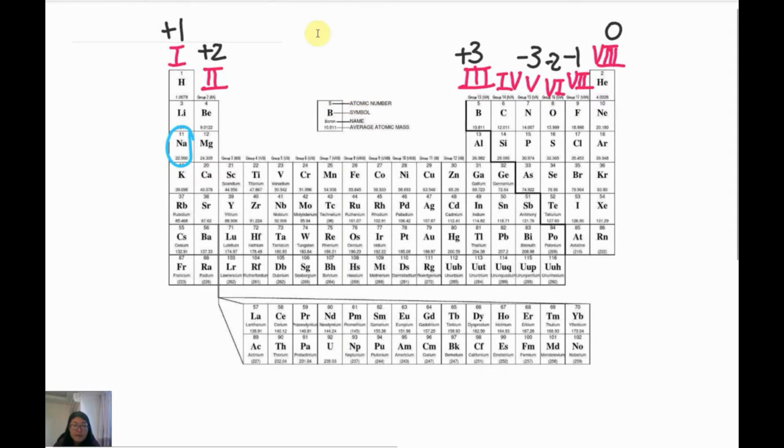So now we know that in sodium, in Na, we have 11 protons, because that's the proton number, right? As illustrated here, atomic number is on the top. So that's 11 protons. And because it's an atom, it's neutral, so it has to have 11 electrons.